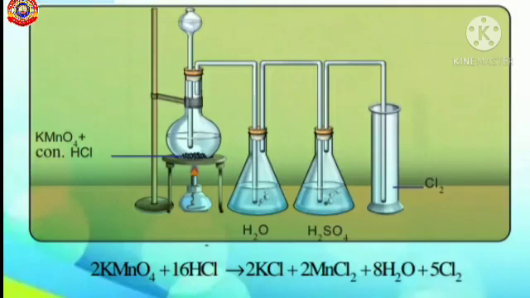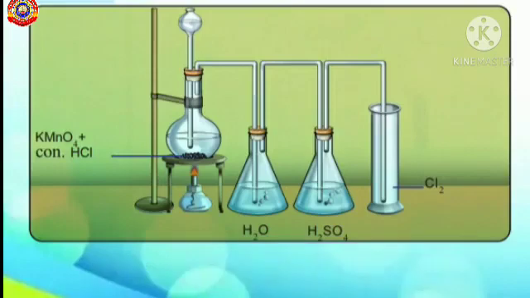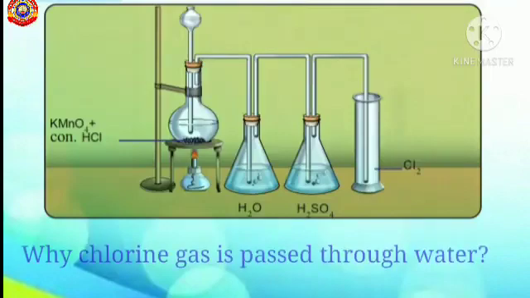Now can you find out the reactants and products in this equation? Yes, you are right. Potassium permanganate and hydrochloric acid are the reactants and the products are potassium chloride, manganese chloride, water and chlorine.